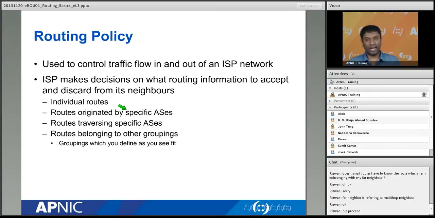Then from that tier 3, when the prefix is advertised to tier 2, normally they don't look into individual prefixes, but they check whether the prefix is coming via that tier 3, which is already a customer of tier 2, right? If the prefix is coming via that AS, probably they'll allow it, right?